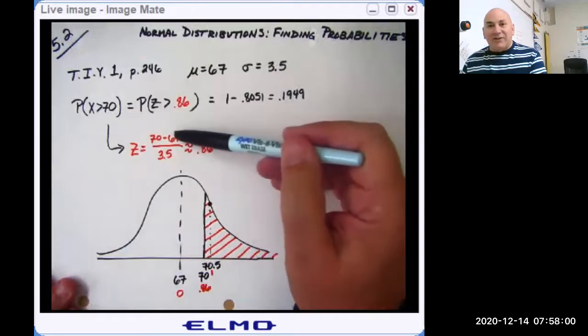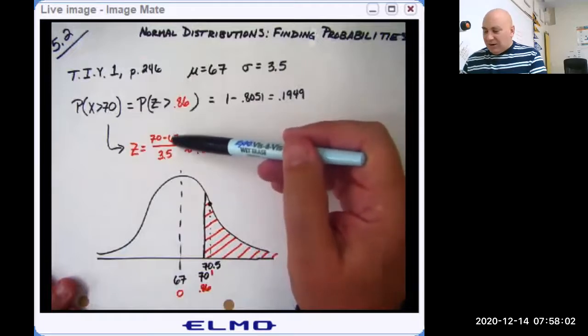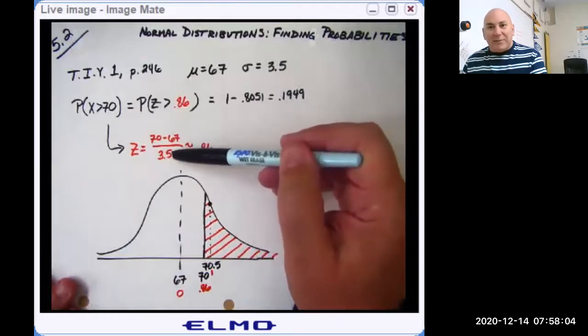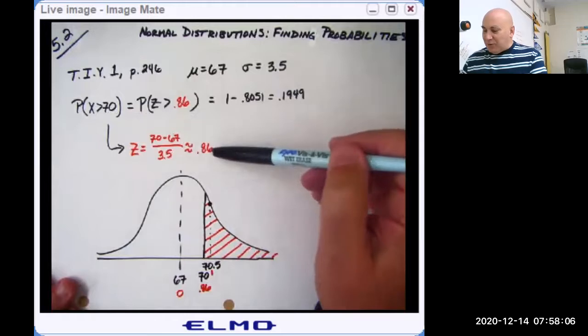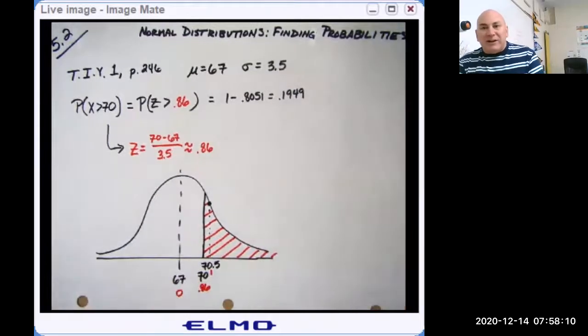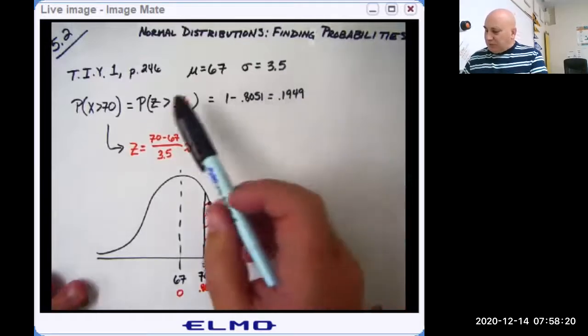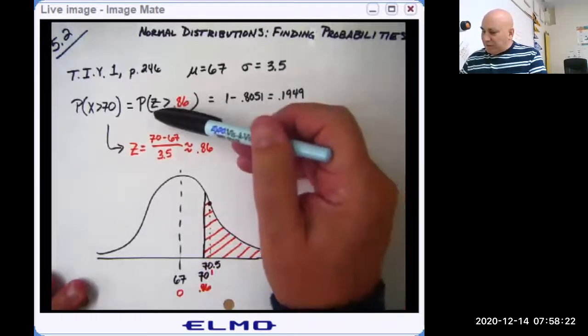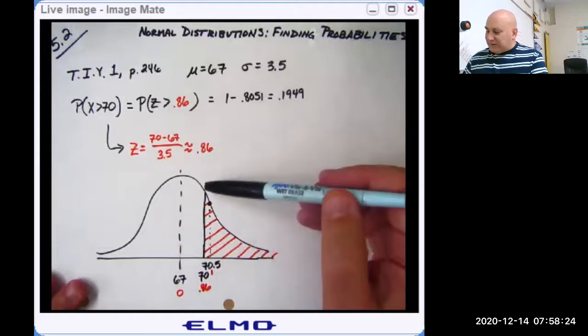It's 3 miles an hour above the mean, and a standard deviation is 3.5 miles an hour. Correctly round your z-score off to 2 decimal places, because that's what our table needs. So now I need the probability that z is greater than 0.86.